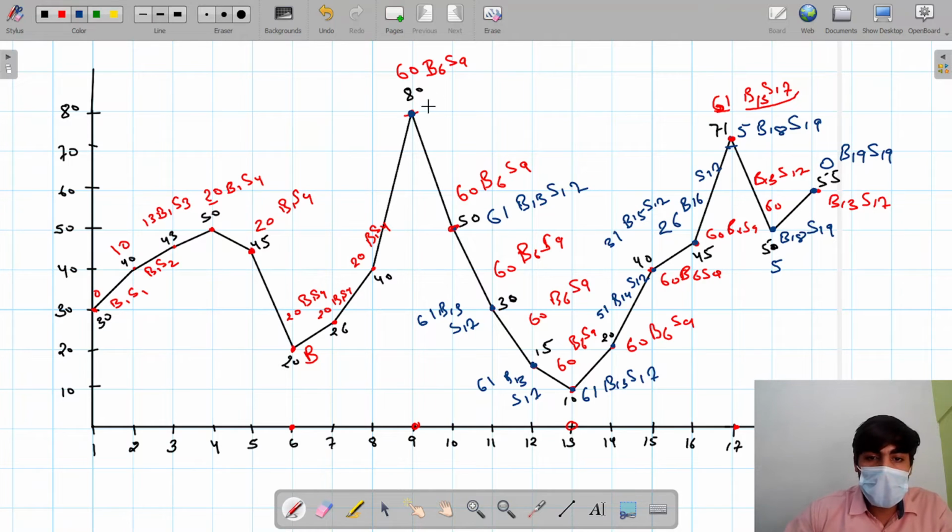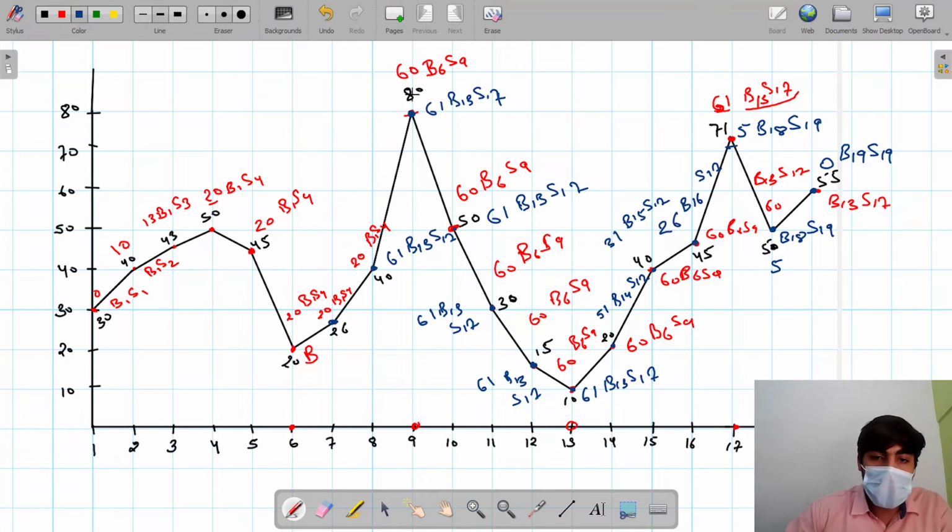So I take 61, buy at 13, sell at 17 here. Now come to 40. If we buy today and sell at 80, because 80 is the day in future which has the highest price, we get a profit of 40, which is less than 61. So I again put 61 here. Now come to that point.